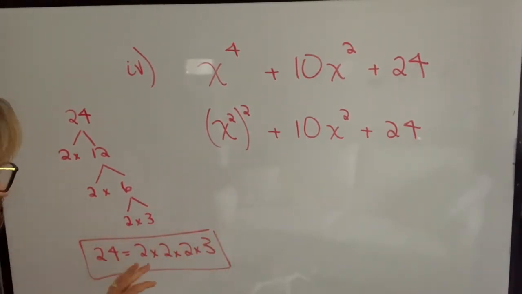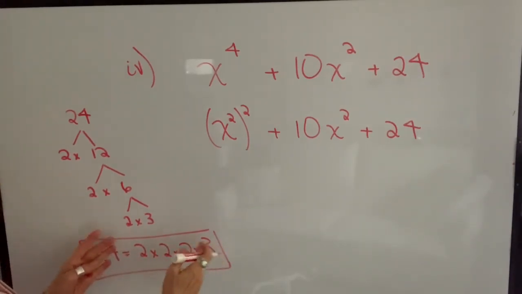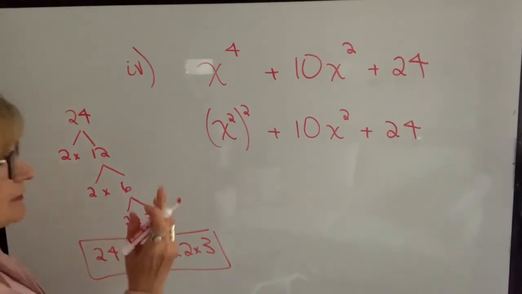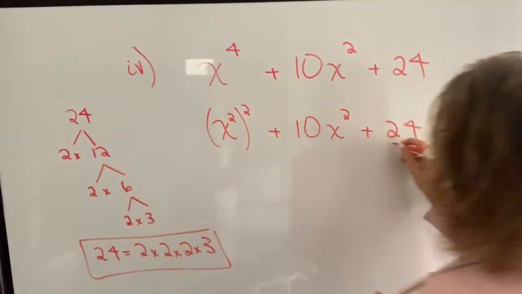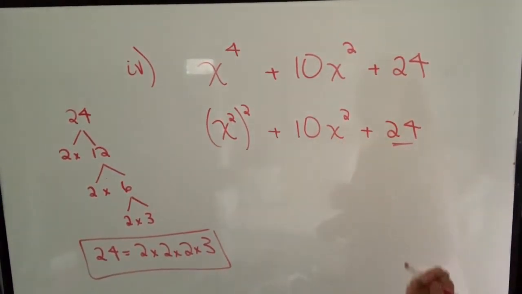When you break it down, then you can start picking numbers. So we've got, for example, 2 and 12, 4 times 6, 8 times 3. It just helps you see all the different factors. So again, we're looking for two numbers that multiply to equal 24 and add to equal 10.